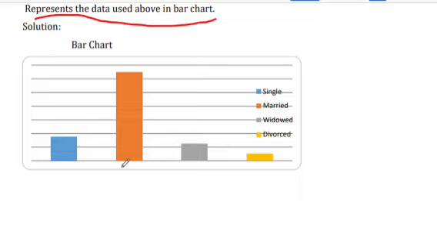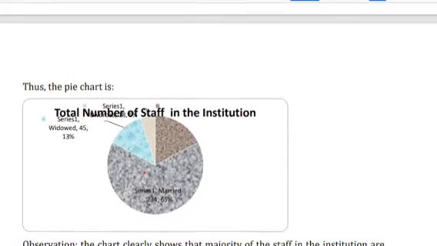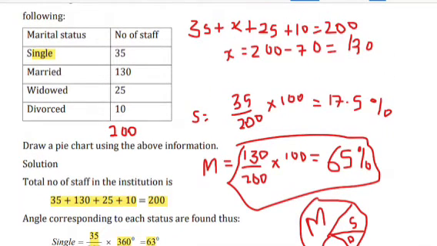So we know that the number of widowed is 25. 15 rather. Is it 15 or 25? Okay, it's 35.